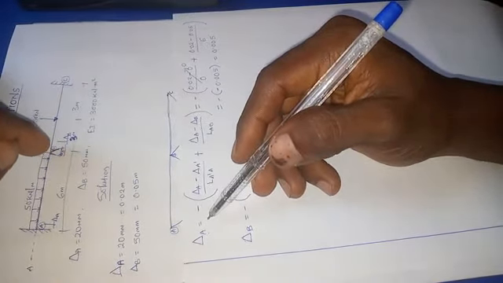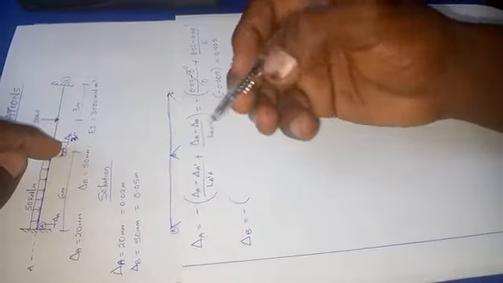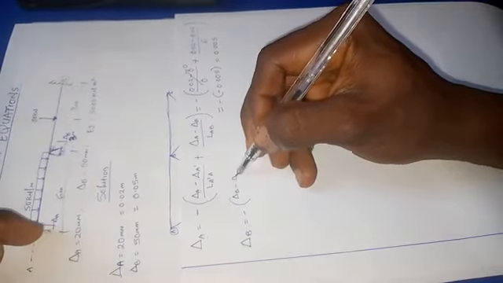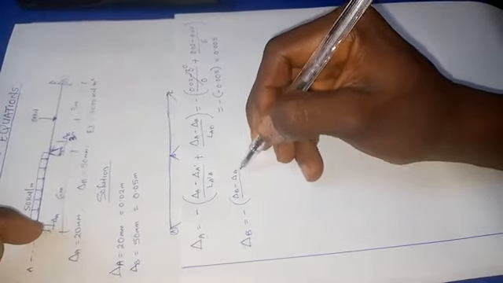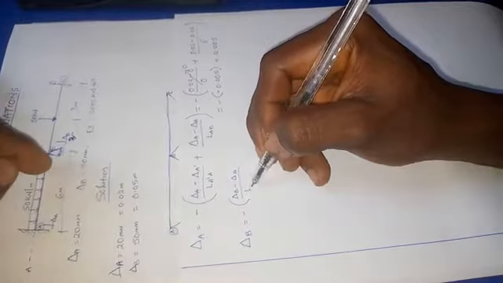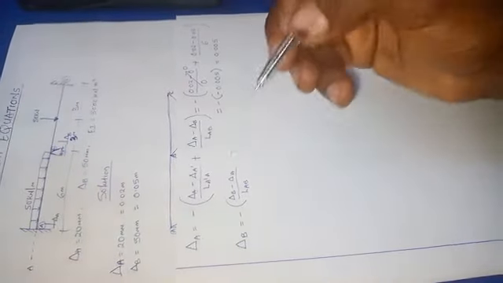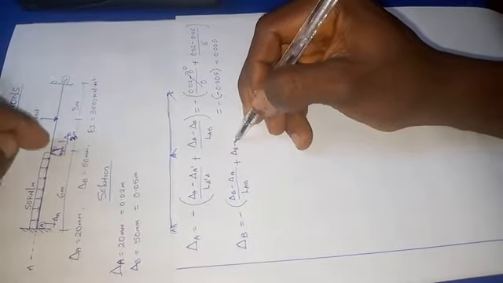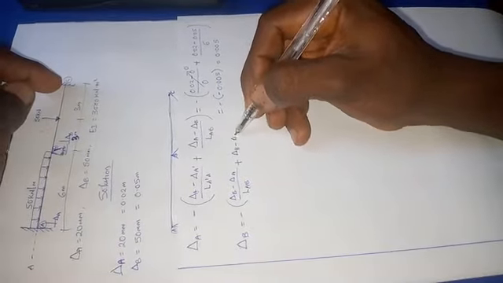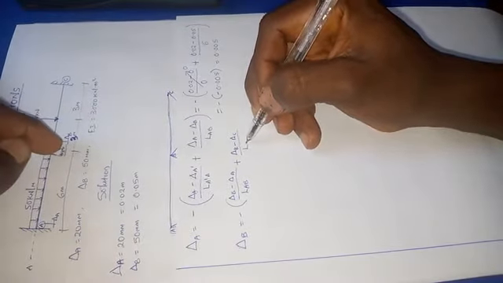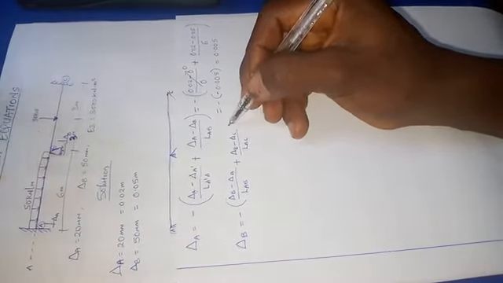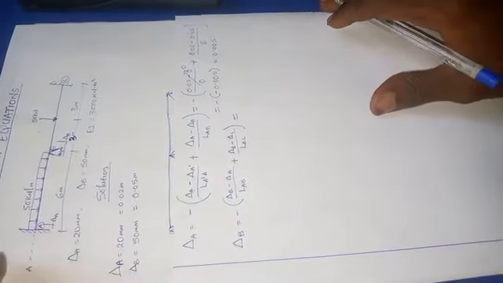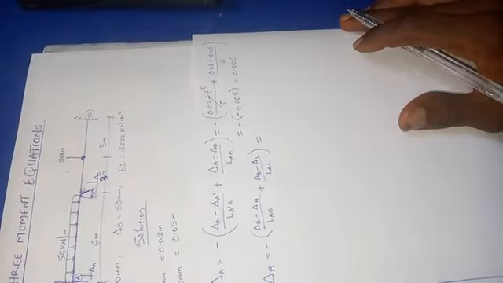Now when I'm referring to settlement at B, I am at B, so my formula is going to be my settlement at B minus the settlement at A, all divided by the length of A to B. Then likewise plus the settlement at B minus the settlement at C, all divided by the length of B to C. Don't get confused. You don't need to cram whatever formula.